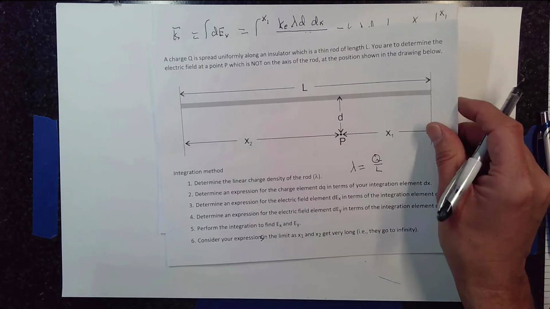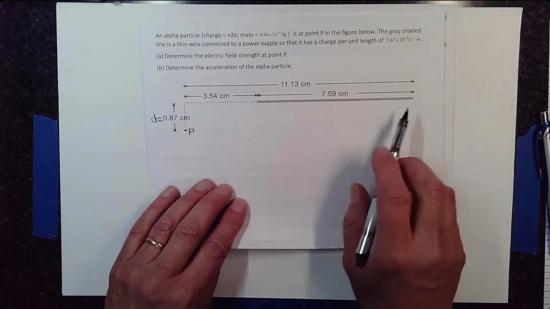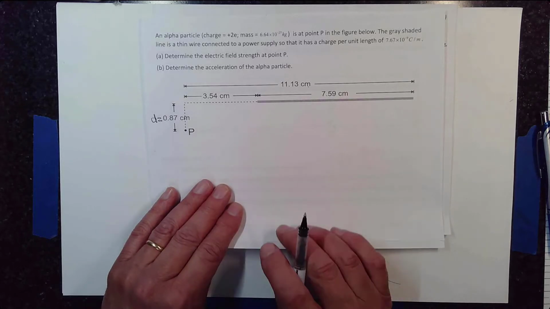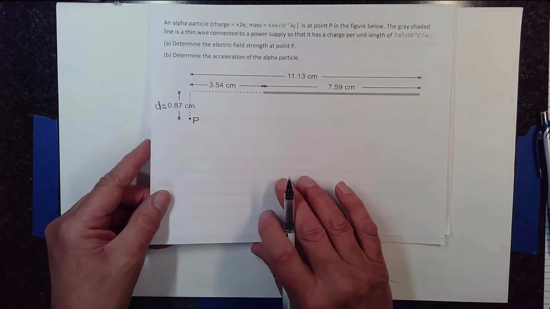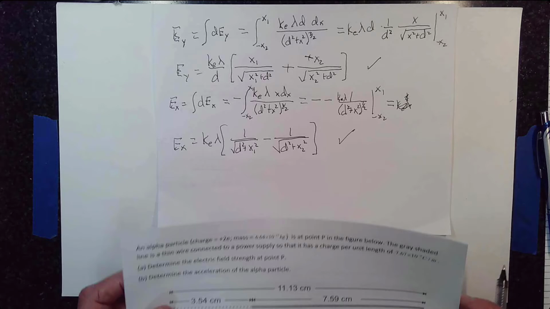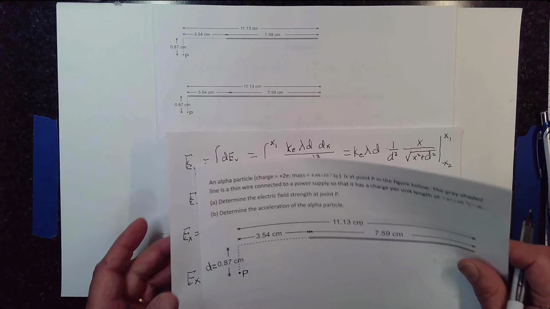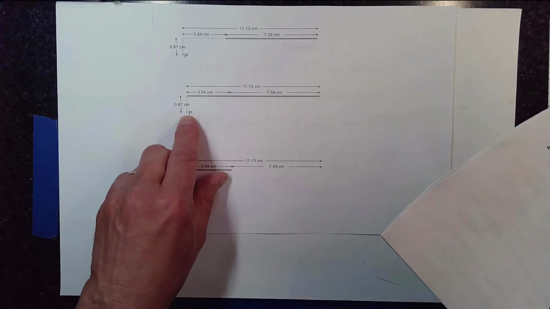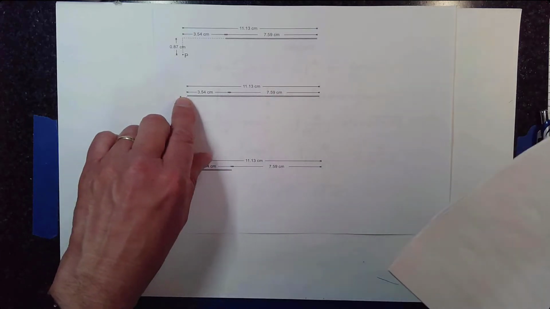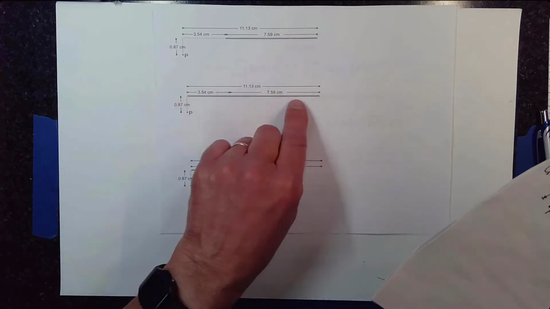Now in this situation, both the beginning and the ending of the rod are to the right of the point P. And so we may have to do a little bit of experimentation, but I'll show you how we can do that. We'll start off by looking at a few different situations, and one of them is just this one here, where we'll have a charged rod extend from a point just above the point P we're interested in off to the right.